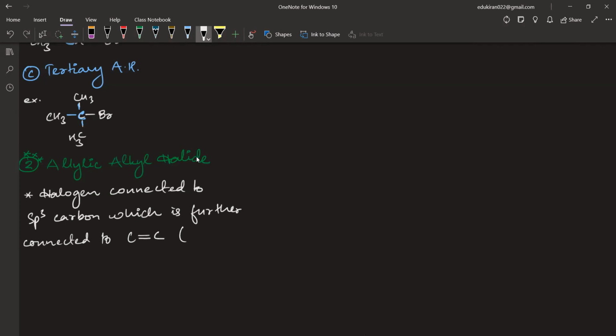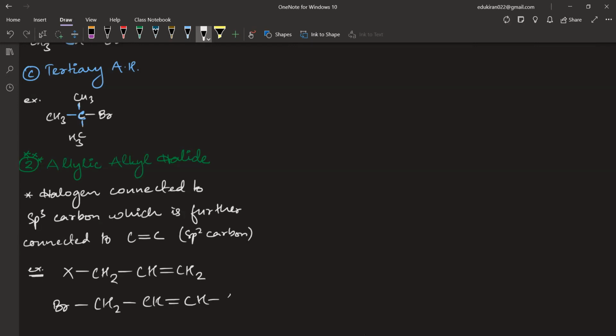That means further connected to an sp2 carbon. For example, halogen atom X connected to an sp3 carbon, that means CH2, which is further connected to carbon double bond carbon, like this. Or else you can have another example: Br connected to sp3 carbon CH2, which is further connected to a double bond carbon. This can also be one example.